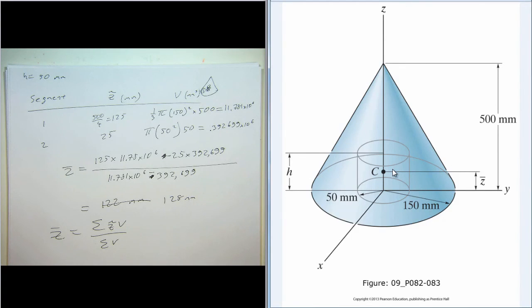And the other thing to watch out for is making sure whether you're looking for the center of mass, center of gravity, or just the centroid. The first two depend on the density of the materials, and the centroid is just the volume. So if you have heterogeneous materials and you want to find the center of mass, that's going to be a different location than the centroid. For center of mass, you have to be concerned with the density of each component.